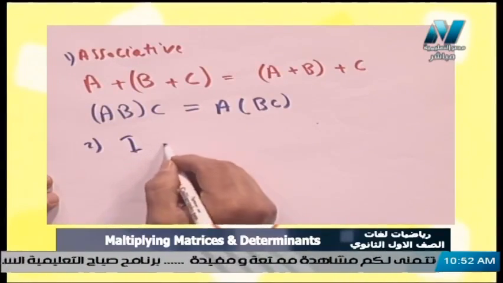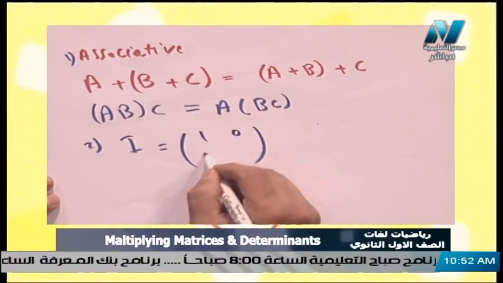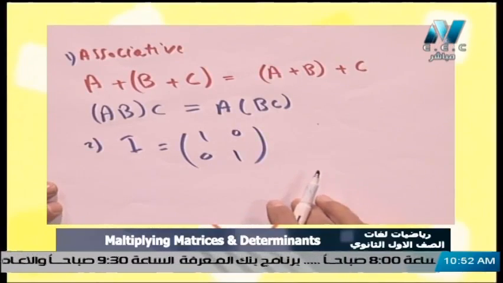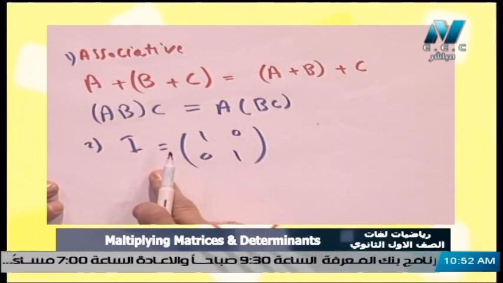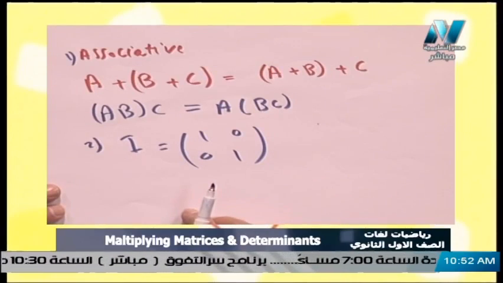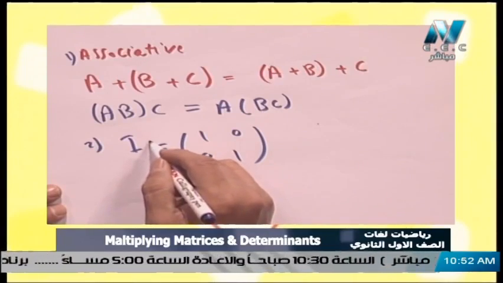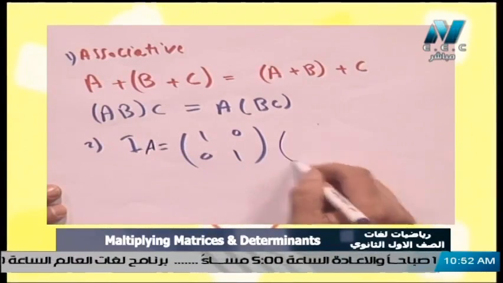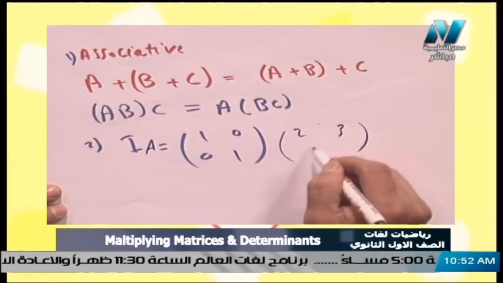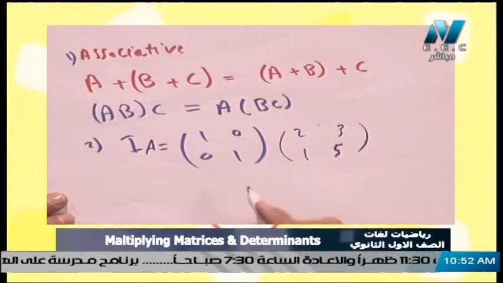We have I, which is like this: 1, 0, 0, and 1. It's a unit in matrices. And if I multiplied by A here, 2, 3, 1, 5 as an example, what happened?